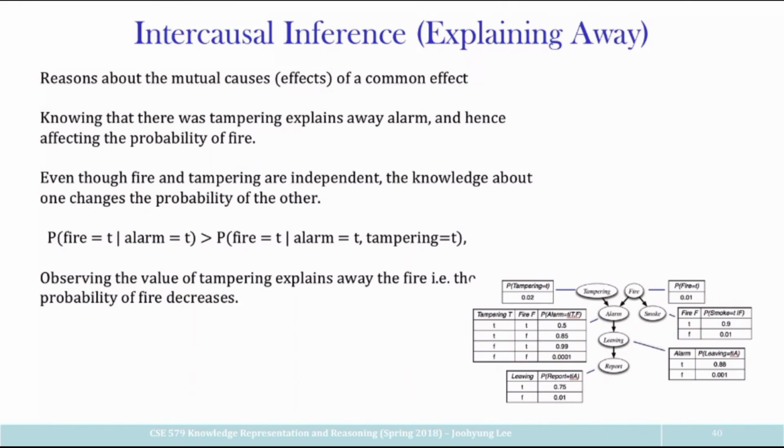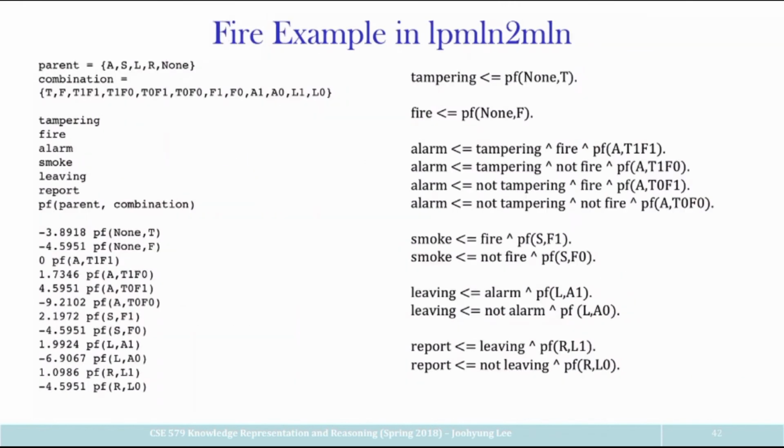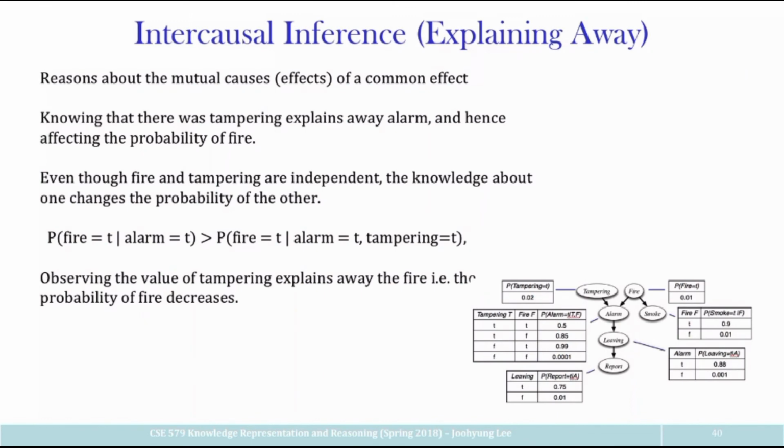There's also intercausal inference. Let me just borrow a few minutes here. I guess everybody who took an AI course knows a Bayesian network can do this kind of thing. Alarm is caused by tampering and fire, right?